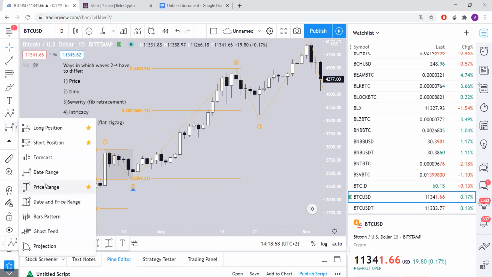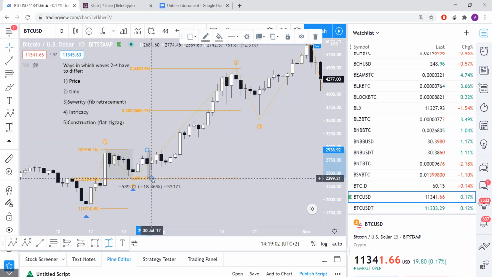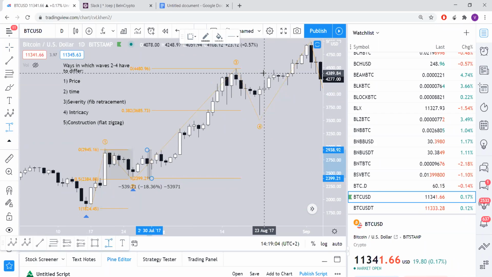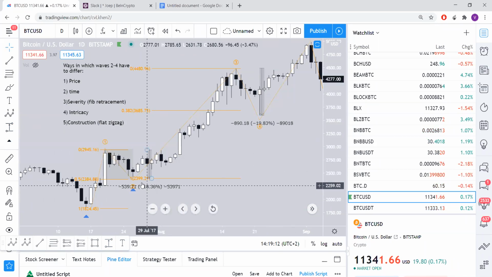The next is the price. So wave 2 retraced about 18%. Wave 4, 20. Again, relatively similar.